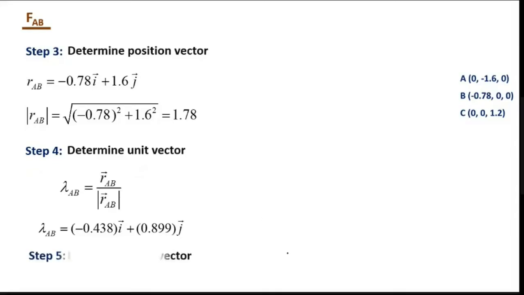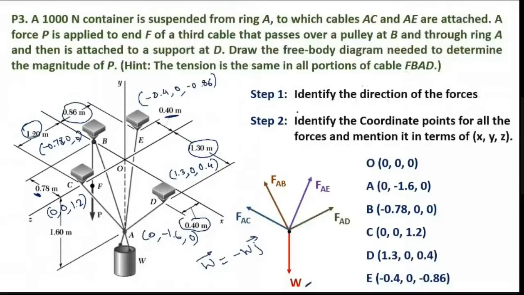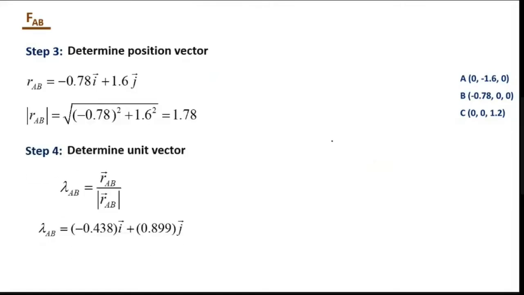Once I have lambda AB, I have to identify my force vector. My force vector is TAB into lambda AB. When you look here, they already mentioned that AB, AD, and AE are all P, so TAB is equal to TAD is equal to P. It is given in the hint, so we are going to follow the same thing.